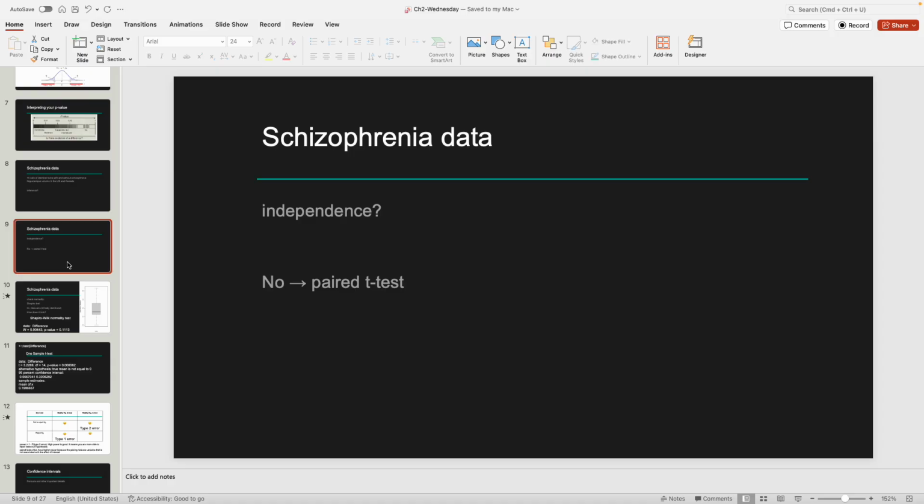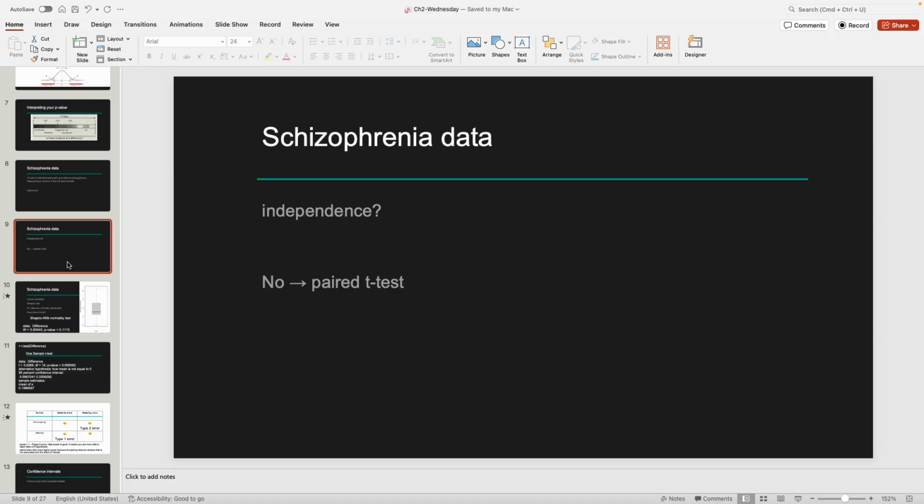Group 1 likely affects group 2 because somewhere in group 1 is a twin and somewhere in group 2 is their sibling. Likely the genetics or other factors such as nutrition and income affect the other twin in group 2. So it's highly believed that group 1 is correlated with or has an effect on the other group because they're identical twins.